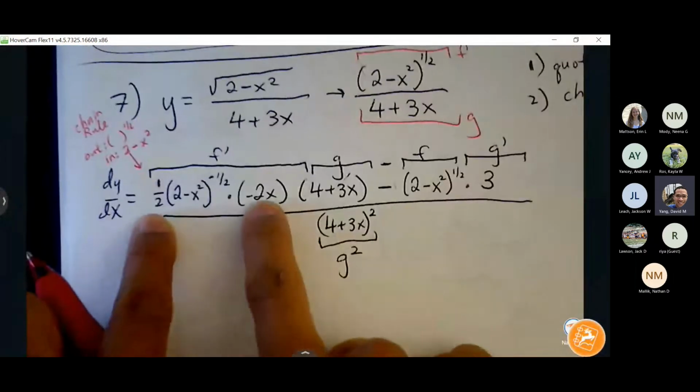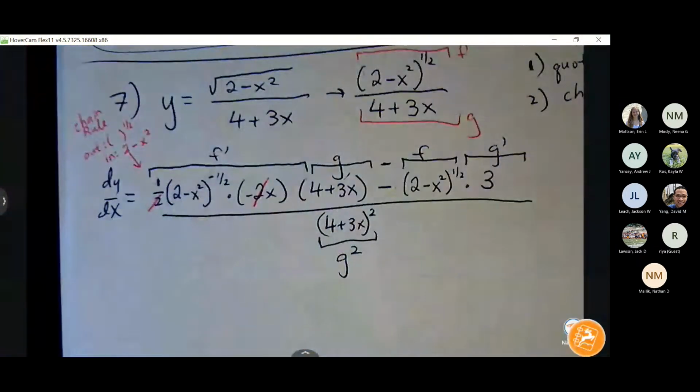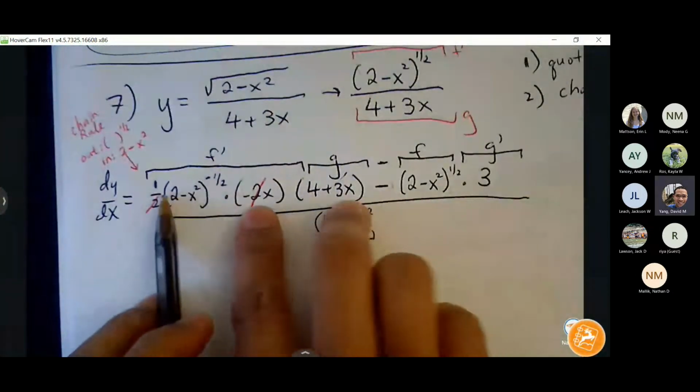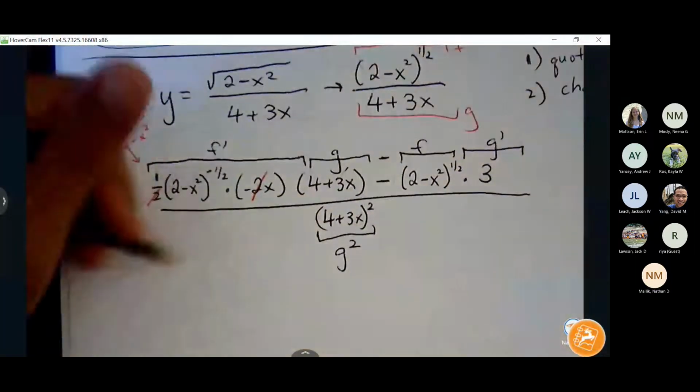You see that 1/2 and negative 2? You can get that 2 to go away. And I can put these three things together, the 1, the negative x, and the 4 plus 3x together.